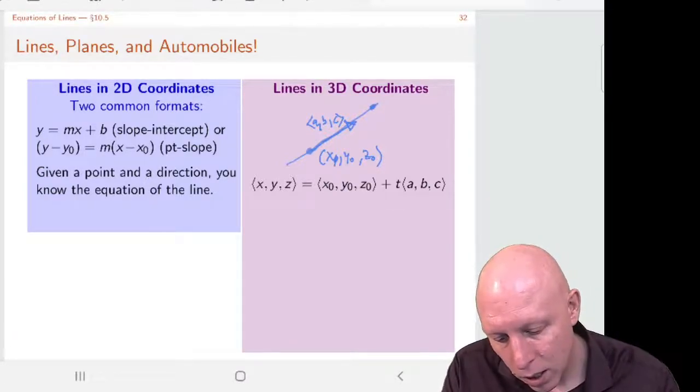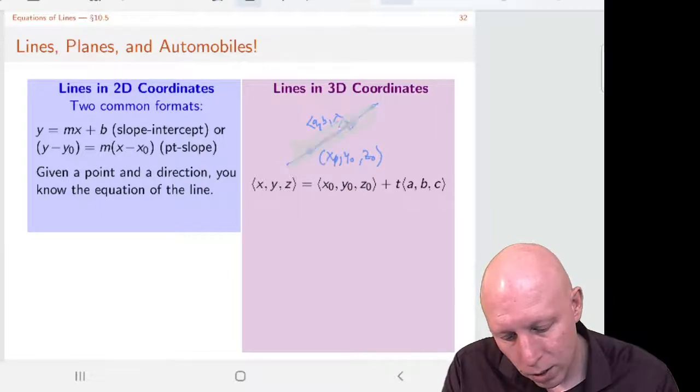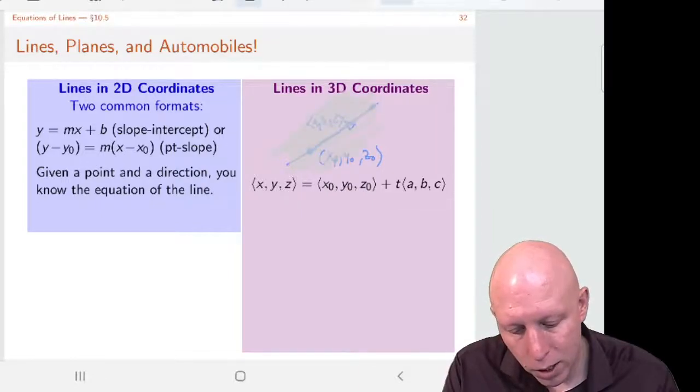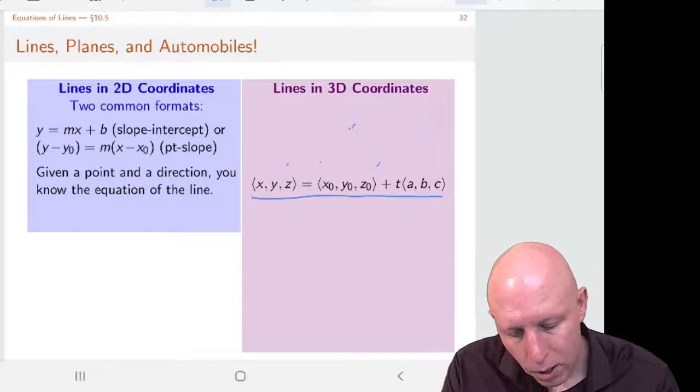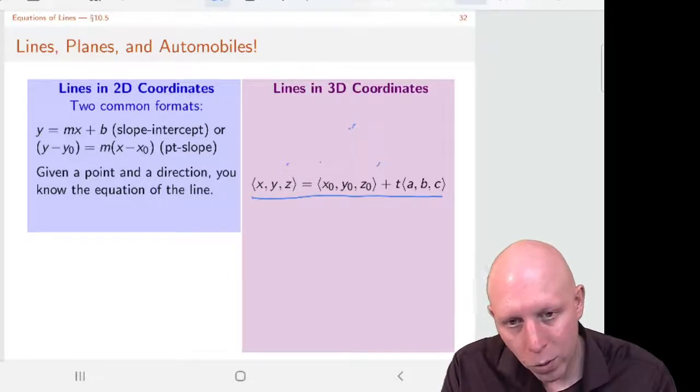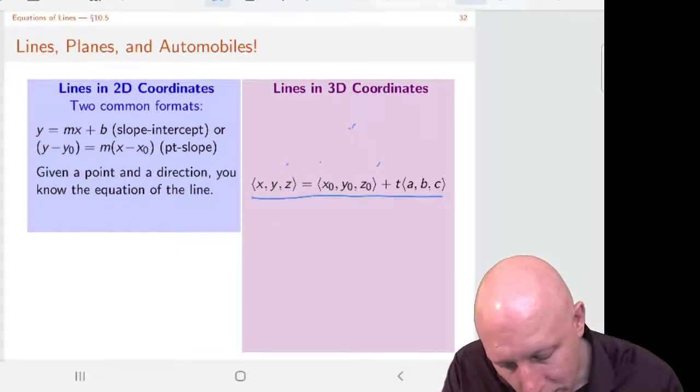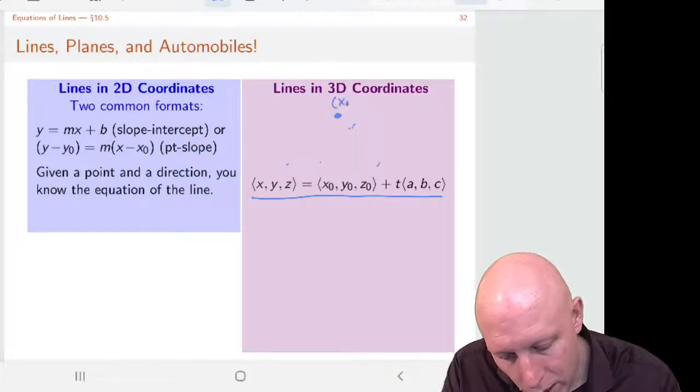So I'm going to actually redraw this a little bit differently, where we can write a vector equation. Before we were writing this point in 3 space as x naught, y naught, z naught.